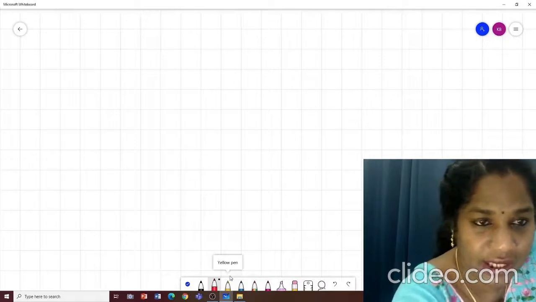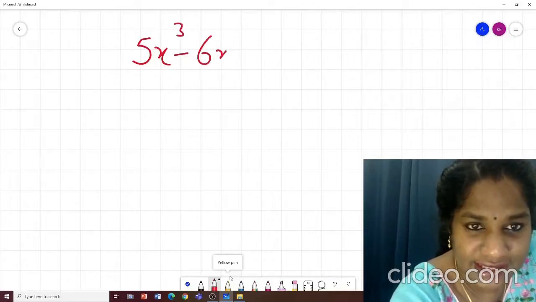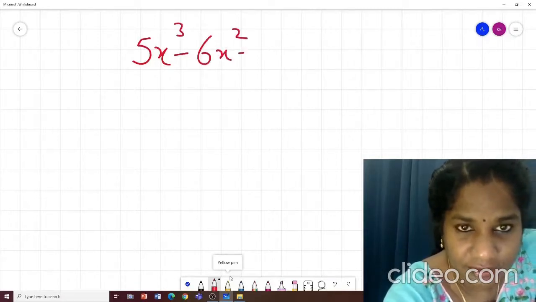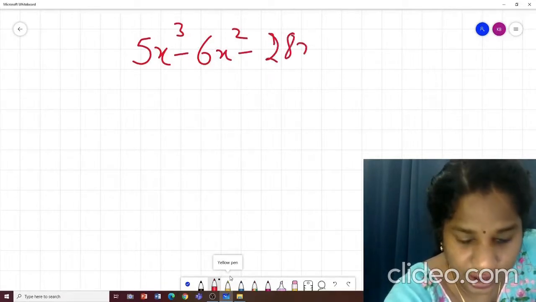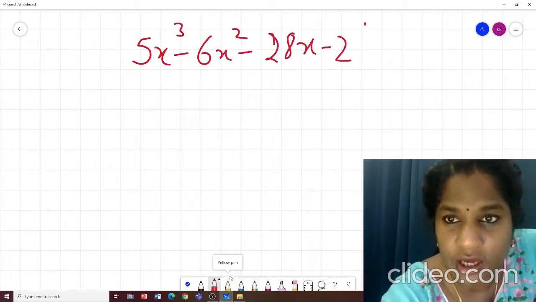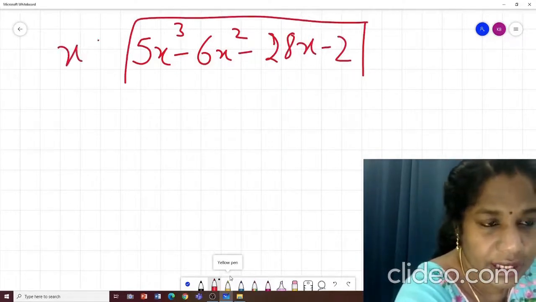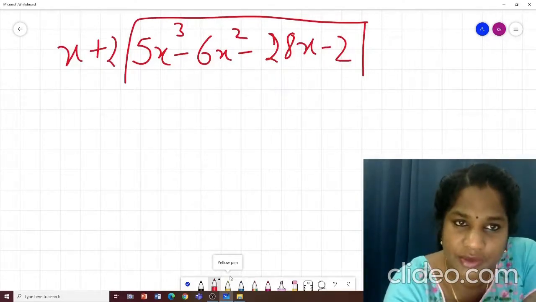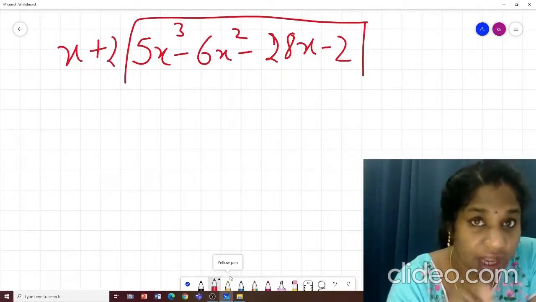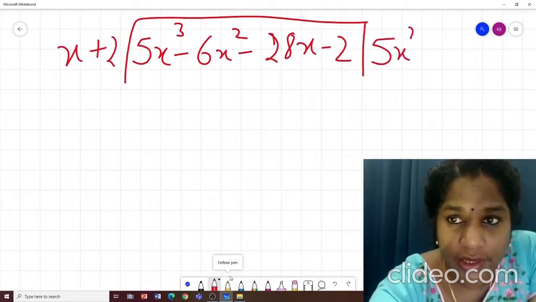My question is 5x cube. I'm trying to write neatly this time, but it's difficult. Okay, minus 2. I'm going to divide it by x plus 2. Okay, so with x, what will I multiply that I get 5x cube? 5x square, right?